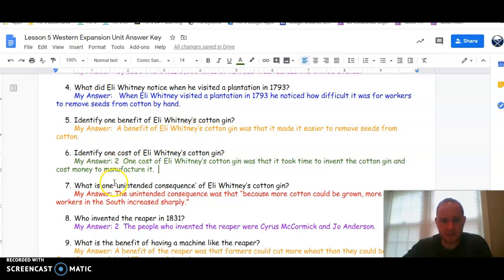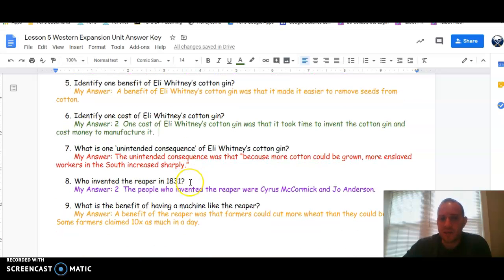Those are all benefits. Cost of Eli Whitney's cotton gin, there's also a lot of those. For example, the cotton gin costs money to make. It also costs money to manufacture, and it took time to make. A huge cost, and an unintended consequence of Whitney's cotton gin, takes us to number 7, was that because of the cotton gin, Southern farmers started to grow more cotton, and they wanted more enslaved labor.